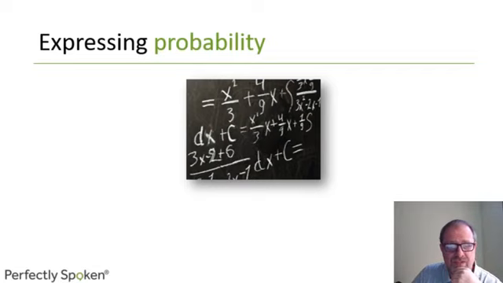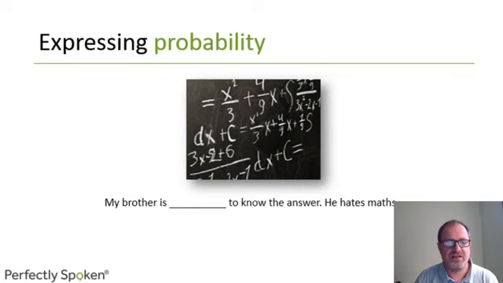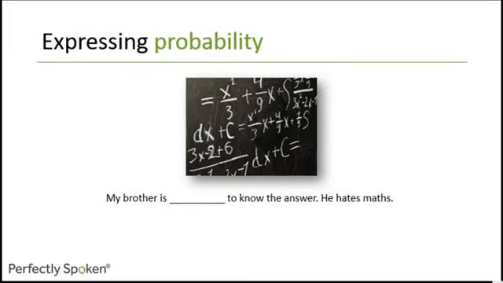This time we've got a very difficult looking maths equation on a blackboard, which has been written in chalk. And so we've got some algebra, an equation there, and the sentence is, my brother is something to know the answer, he hates maths.